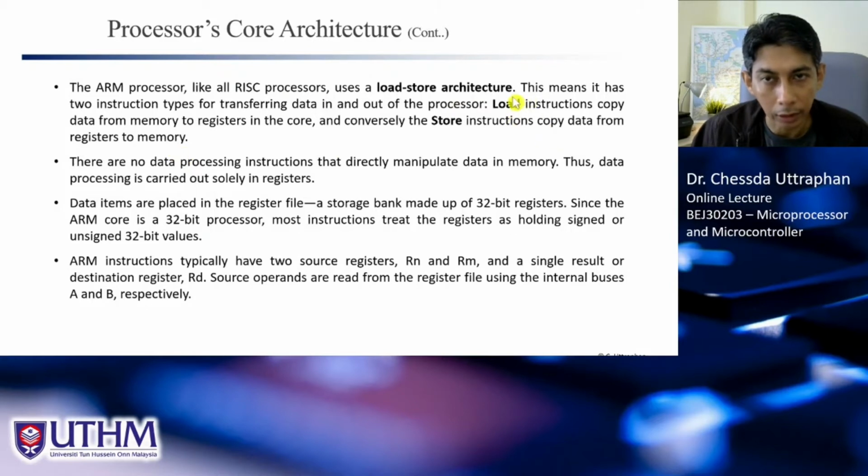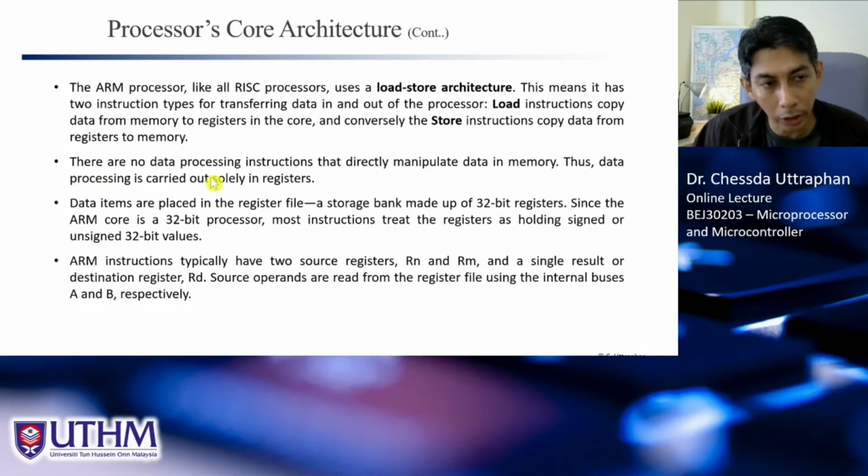Okay, let's see what it says. This means it has 2 instruction types for transferring data in and out of the processor. Load instruction, yes, what we saw just now. Load instruction copies data from memory to a register in the core, and conversely, the store instruction copies data from register to memory. Yes, this is load and store.